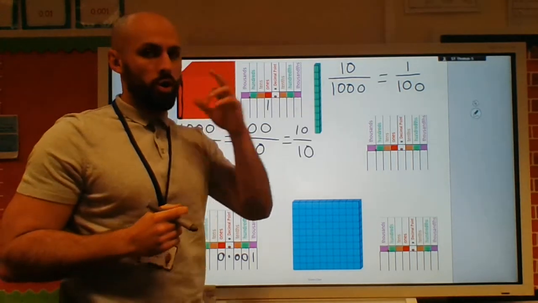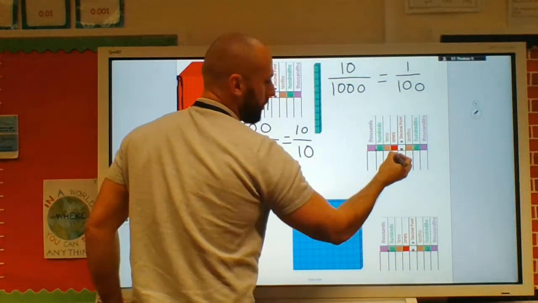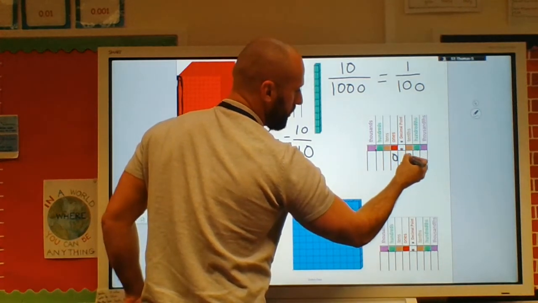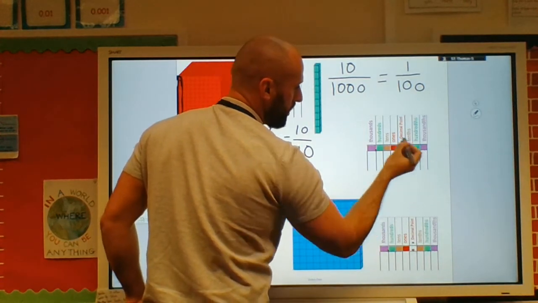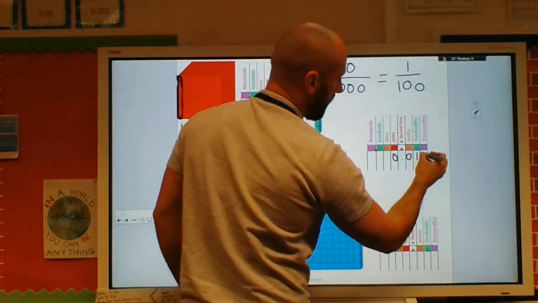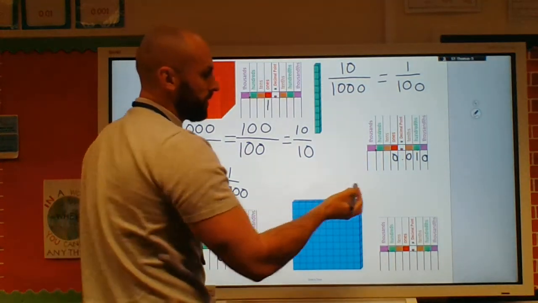That's why it's 1/100th. So again, I've got no ones, decimal point, no tenths, and just 1/100th. I could also say I've got 10 thousandths if I wanted to.